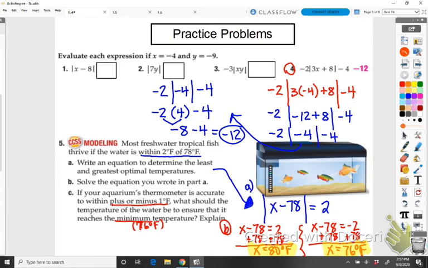So if my tank is within 1, the temperature of the tank is only 77. Because if I increase 1, I'm at 78, which is still the normal temperature. But if I decrease 1, I'm at 76. If I tried 75, yeah, if you increase 1, you're at 76. But if you decrease, you'd be at 75, which isn't the minimum.